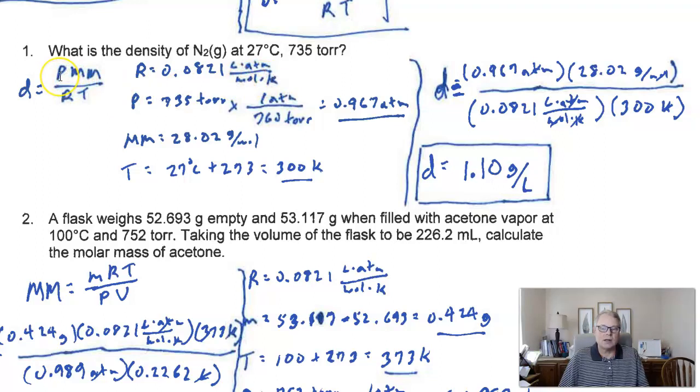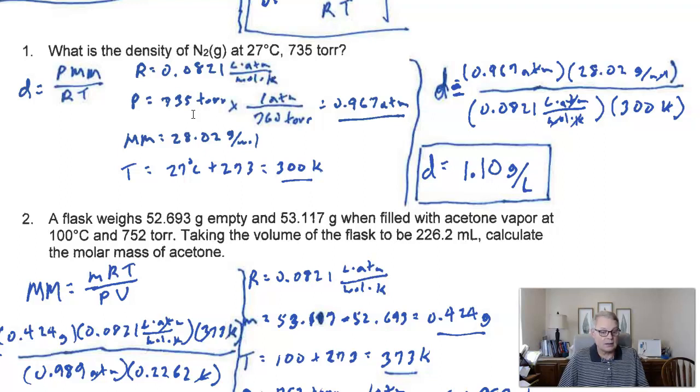All right. So do I know the pressure here of my nitrogen? Well, I know it's 735 torr. Can I leave it as 735 torr? No, my pressure has to be in atmospheres. So how do I convert from torr, or millimeters of mercury, to atmospheres? Well, I know that 1 atmosphere is equal to 760 torr.